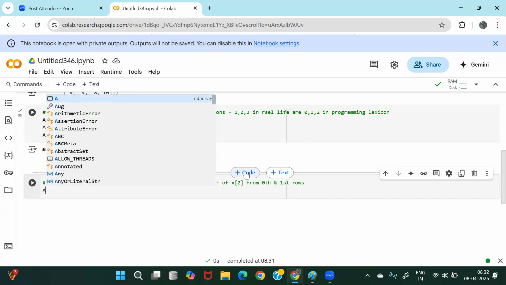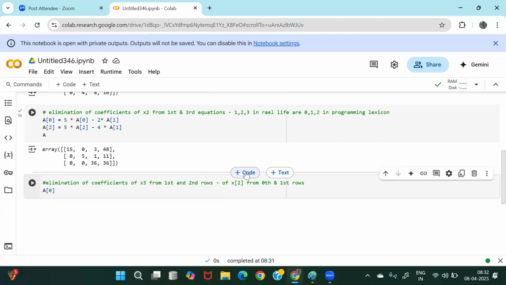Now, row 0 is equal to, reference is the third row, its coefficient is 36. 36 into row 0 minus 3 into that row.